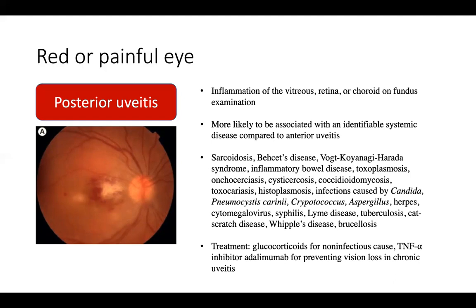Glucocorticoids have been the mainstay of treatment for non-infectious uveitis. Monoclonal antibodies, which target pro-inflammatory cytokines, such as the tumor necrosis factor alpha inhibitor adalimumab, are effective at preventing vision loss in chronic uveitis.